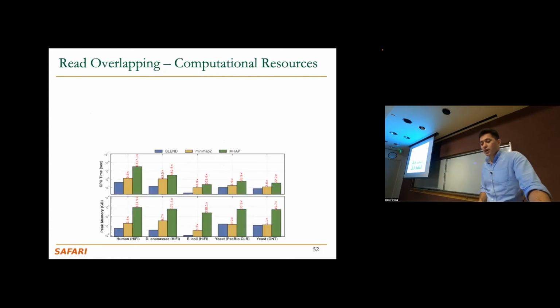These are the results for read overlapping to show the computational resources. The figure above shows the CPU time results, and the one below shows the peak memory results. We compare BLEND with Minimap2 and MinHash approaches, and we show the speedups over here, along with the data sets.